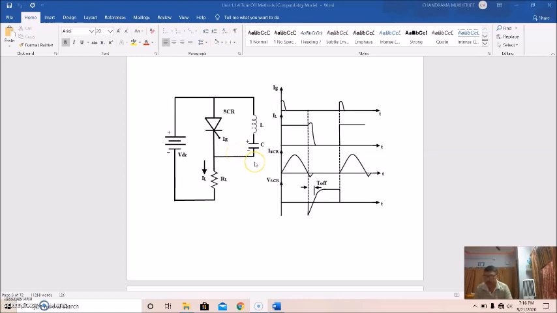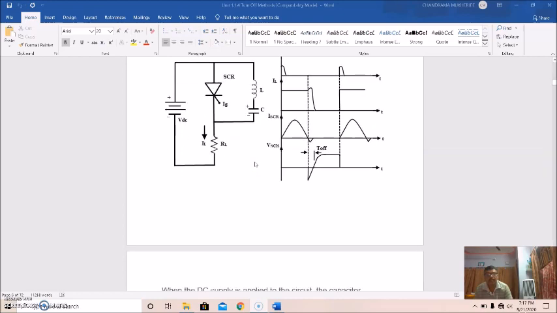Now when the capacitor is completely discharged, it starts charging with reverse polarity. Due to the reverse polarity of the capacitor voltage, the commutating current IC will oppose the load current.